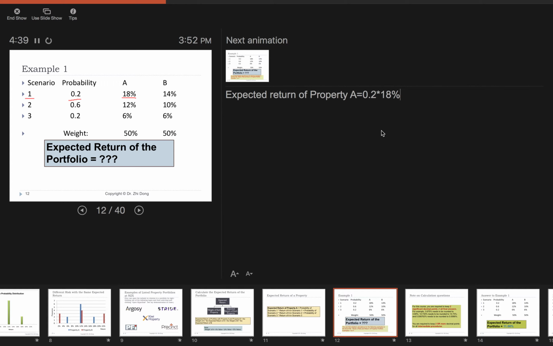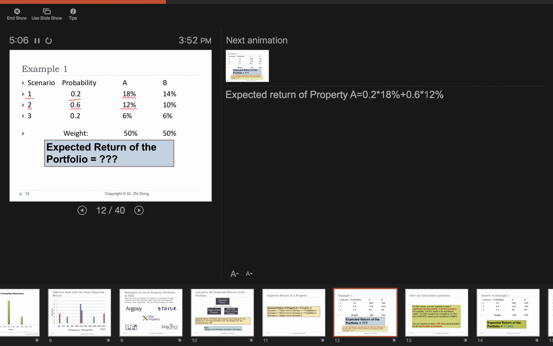Then we add the next market scenario. Under market scenario 2, we have probability 0.6 for this market scenario to become true. So 0.6 times this return for property A under this market scenario, that's 12%.